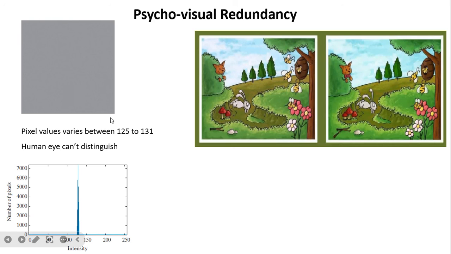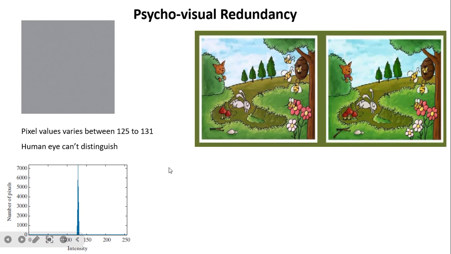As our eye can't discriminate between 125, 126, 127 and 131, why use different values? Better we represent the whole image using any one number between 125 and 131. If we represent this image by only one pixel value, we get continuous runs and can compress more easily. But it becomes lossy compression, because instead of keeping the separate values, we are making them one value.